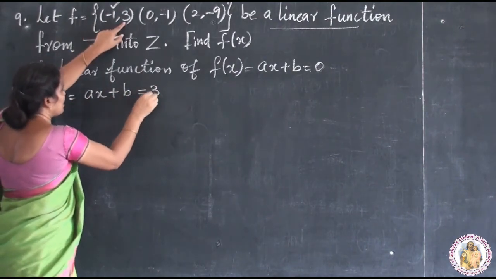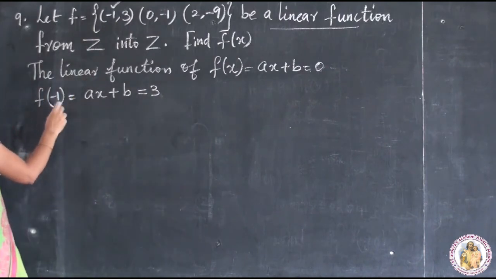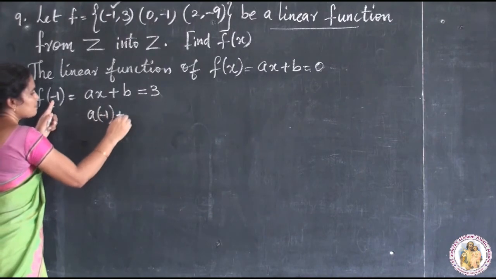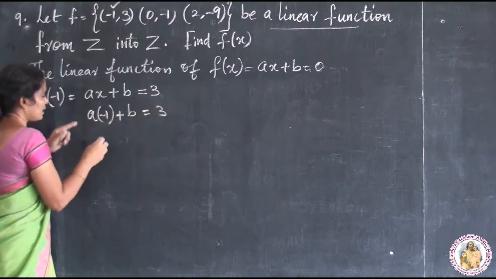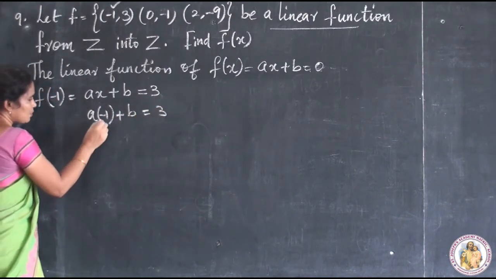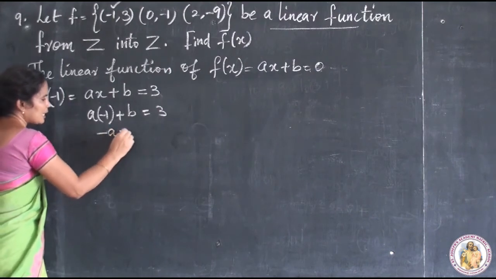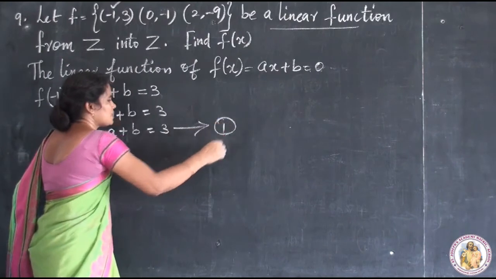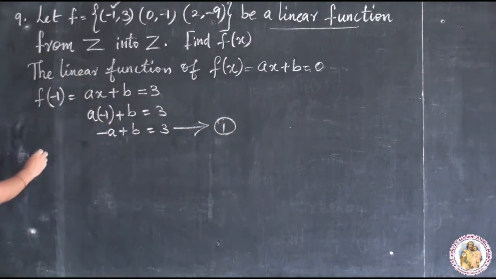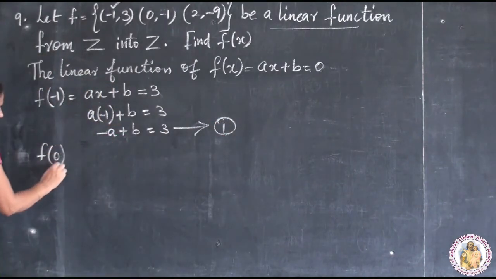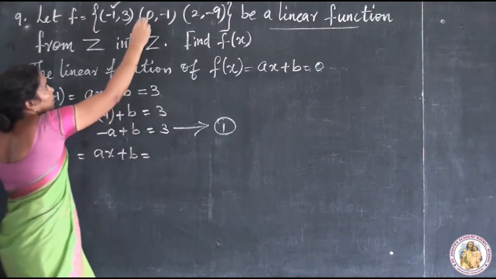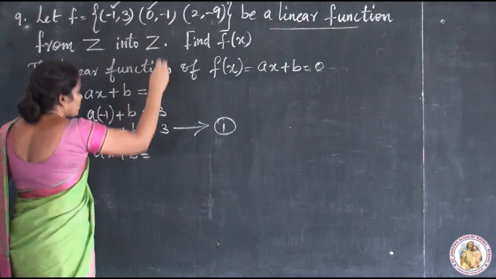So apply 3. In the place of x, substitute minus 1 plus b is equal to 3. Plus into minus, minus 1 into a, minus a plus b is equal to 3. Taking this as first equation. Again take 0. F of 0 is equal to ax plus b, for 0 it is minus 1.